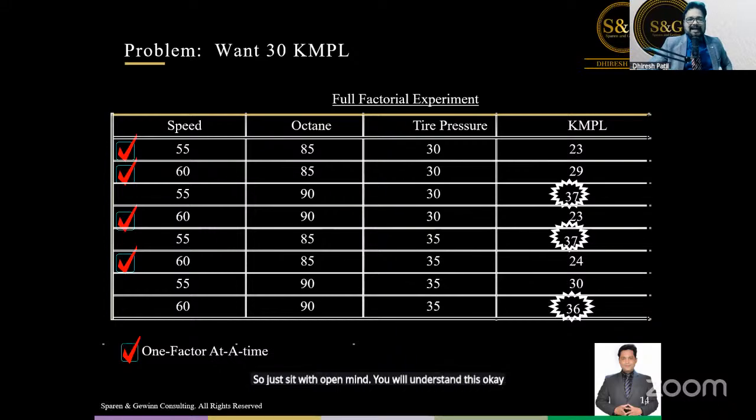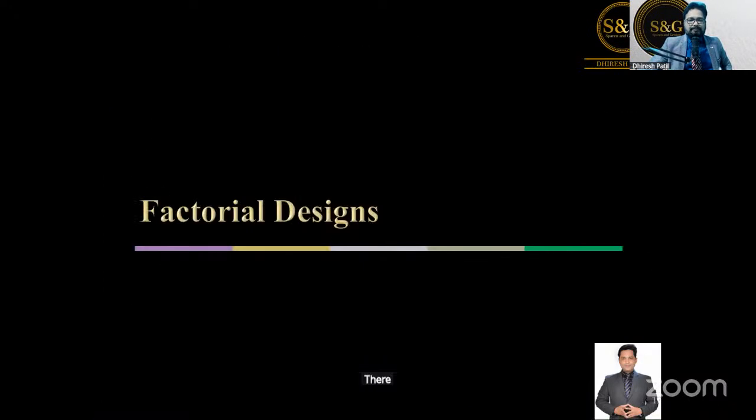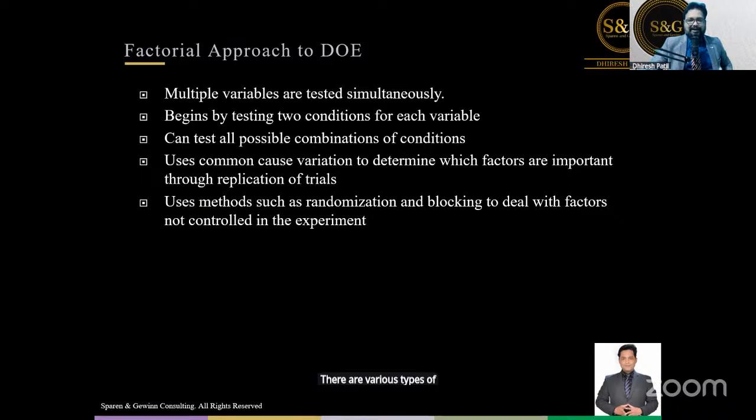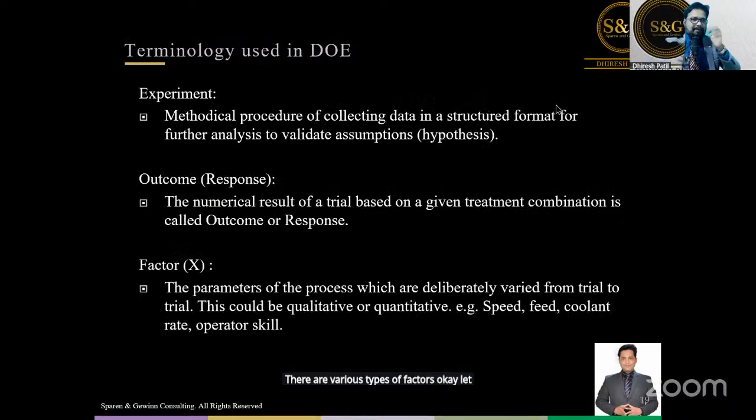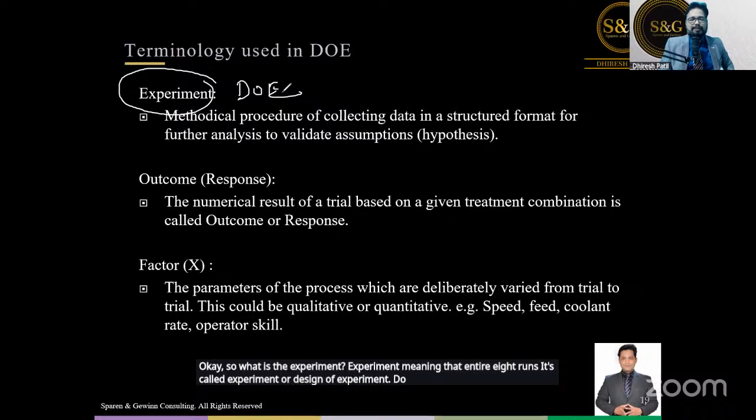Now let's understand. There are various types of factors. Let's understand the terminology first. So what is an experiment? Experiment means that the entire 8 runs are called an experiment or design of experiment. DOE is also called experiments.